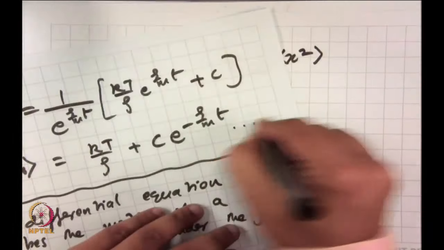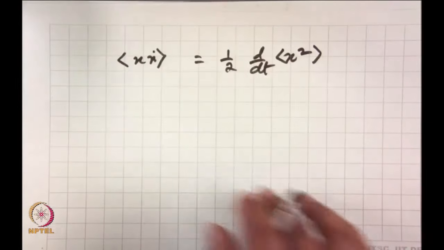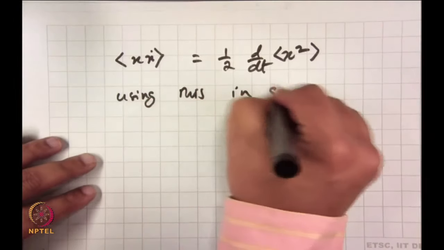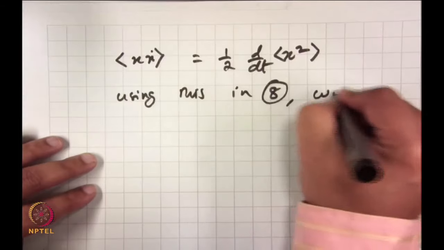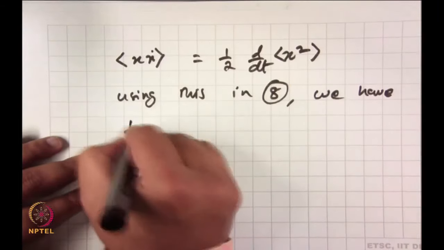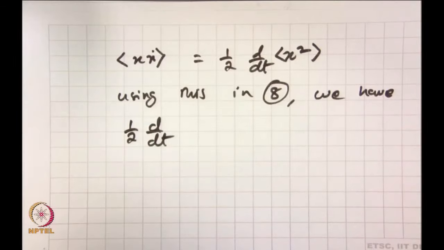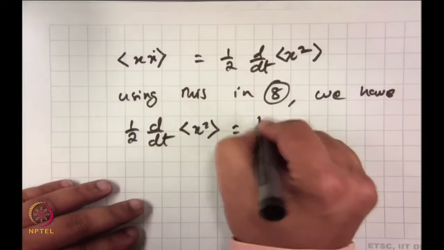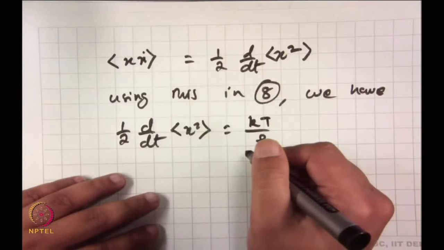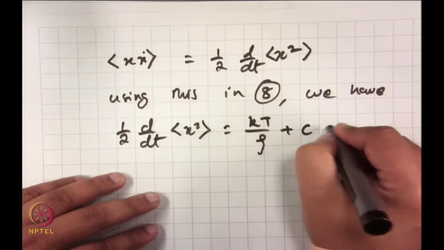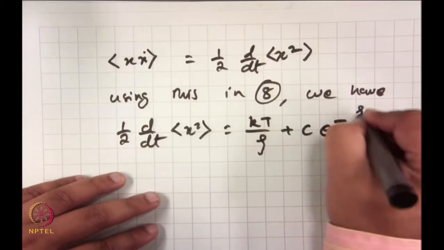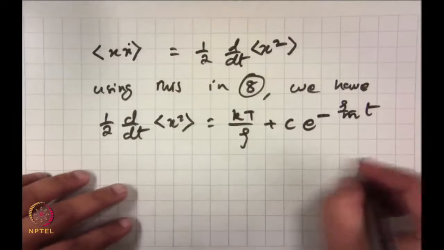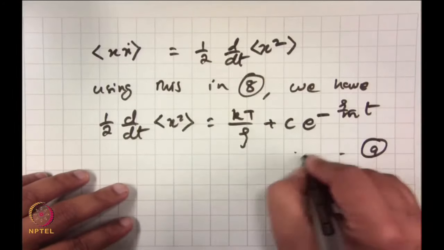If I put this equation as say 8, then using this in 8 we have half d/dt of x squared is equal to kt over xi plus c e to the power minus xi by m times t, and this would be 9.